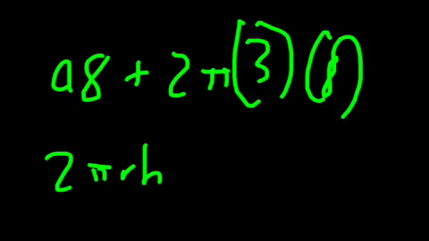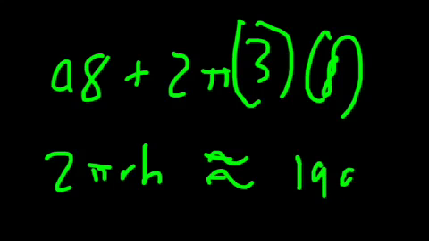On a calculator, this entire sum equals 48 plus 2 pi 3 8, which is approximately 199 centimeters squared, sorry, we're doing surface area.